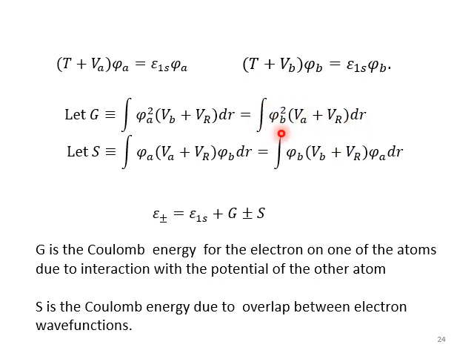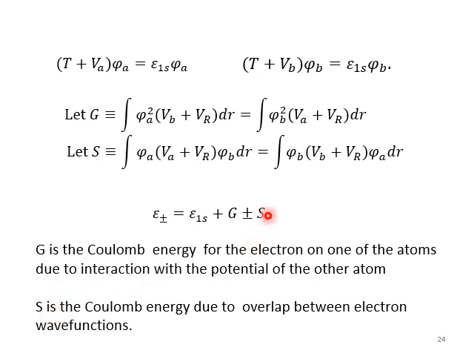Similarly for the electron on atom B interacting with the potential of A. So G is the Coulomb energy for the electron on one of the atoms due to interaction with the potential of the other atom. So if the atoms are far apart, G is very small. If they're very close to one another, then G becomes large.